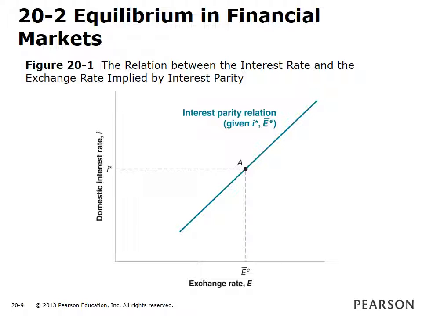Equation 20.5 also implies that when the domestic interest rate is equal to the foreign interest rate, the exchange rate is equal to the expected exchange rate, E equals expected exchange rate. This implies that the line corresponding to the interest parity condition goes through point A in the figure.